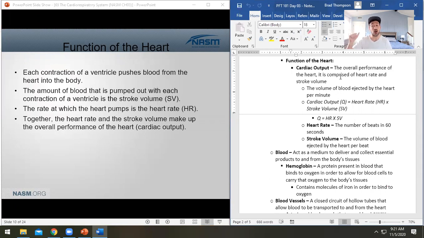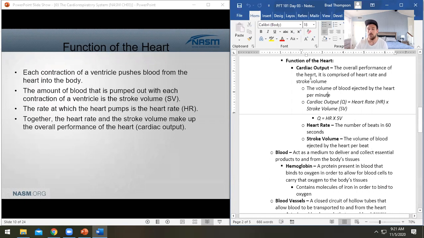So one is your heart rate, that's the number of beats. And one is the volume of blood that gets shot out of your heart every time your heart beats. And that's what we call your stroke volume. Those two things coming together is what makes up the overall performance of your heart. Your heart is made up of how much blood it can pump every time it pumps and how many times it can pump blood per minute. Those two things are the performance of your heart as a whole.